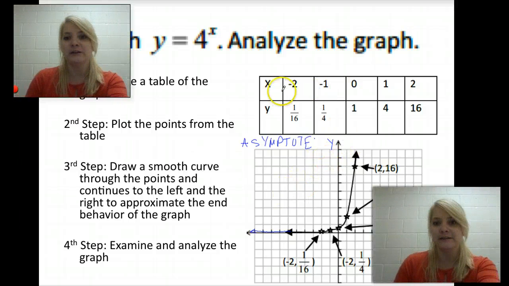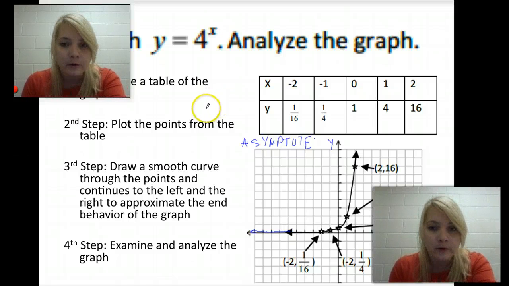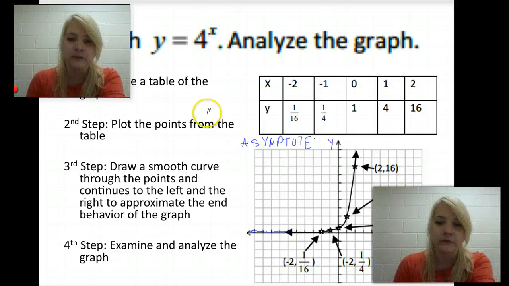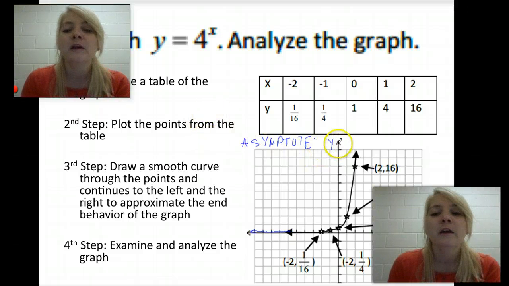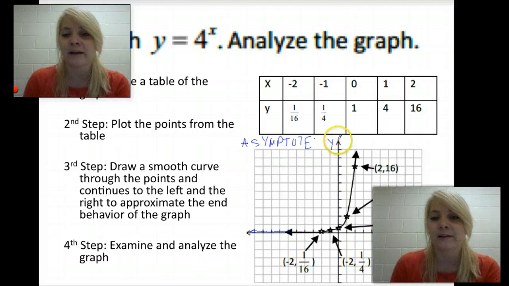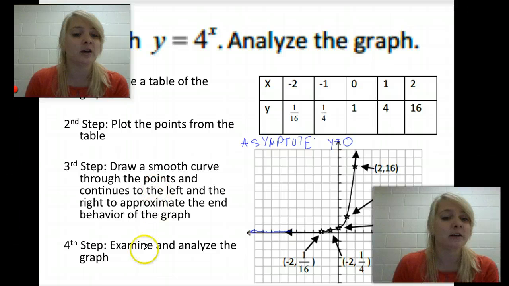And if we were to continue the table down in negative numbers, we would notice our y value getting smaller and smaller and smaller, but never being 0. It'll just get closer and closer to 0. So our asymptote is that horizontal line at the x-axis. So that line is y equals 0.